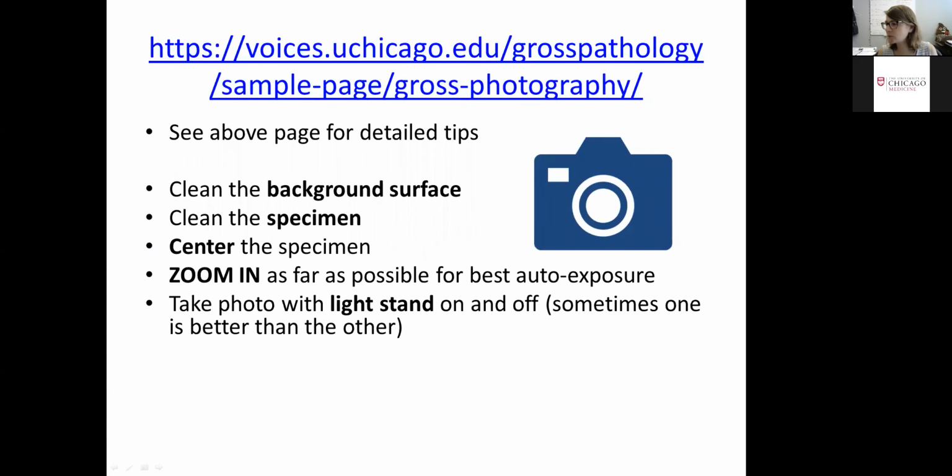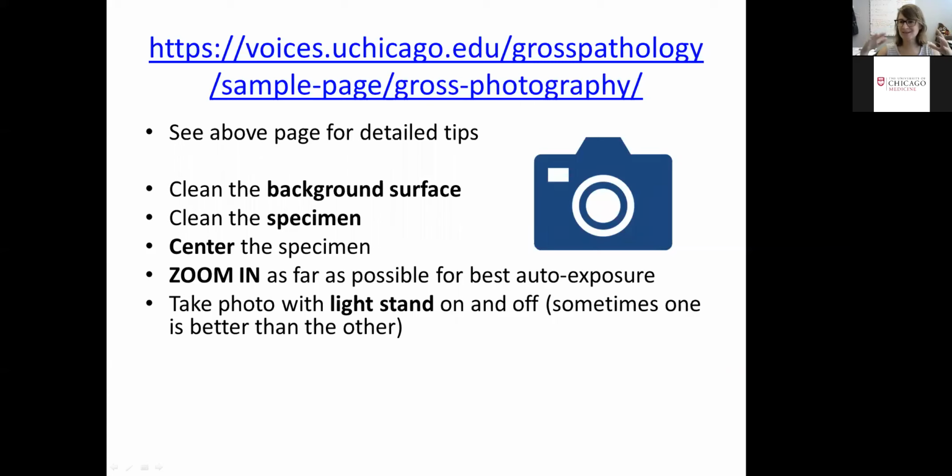Now we're going to get into some more general topics. So if you haven't already, please refer yourself to the Gross Photography page on the website. My generic tips are clean the background surface, clean the specimen, center the specimen in the frame, and zoom in as far as possible for best auto exposure, right? Because that camera, it's not a fancy photographic camera.